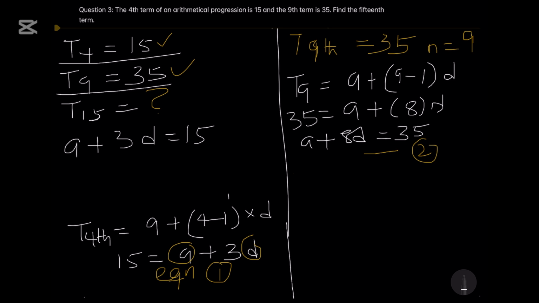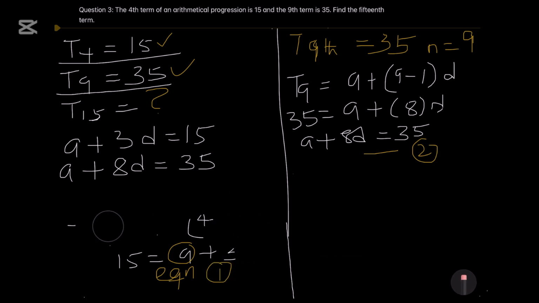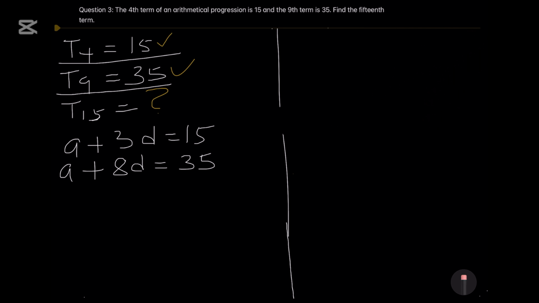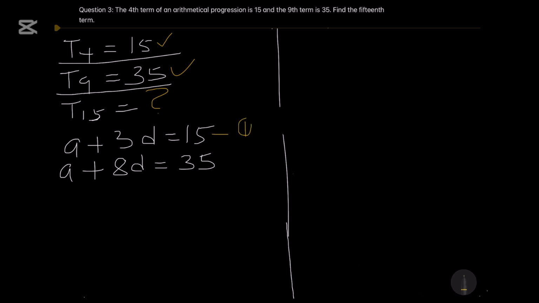And our equation 2 is A plus 8D is equal to 35. Alright, so we can clean all this off. So now solving this simultaneously, this is our equation 1, and this is equation 2.